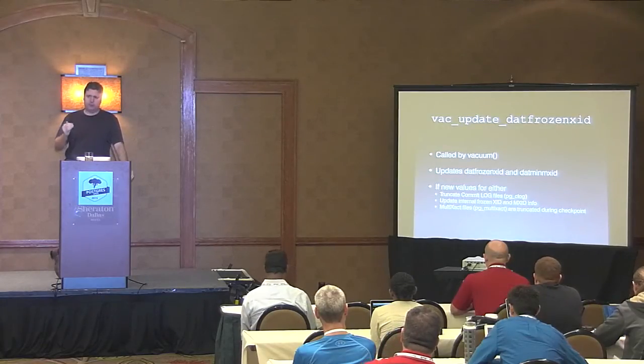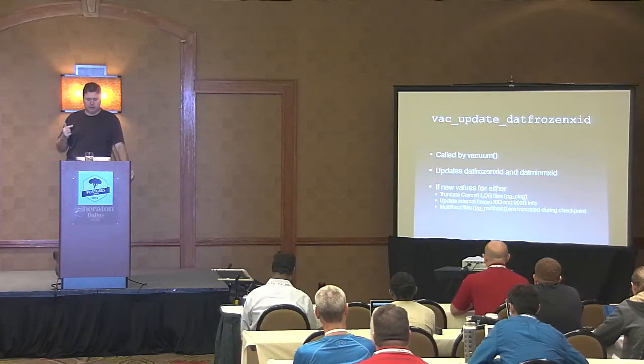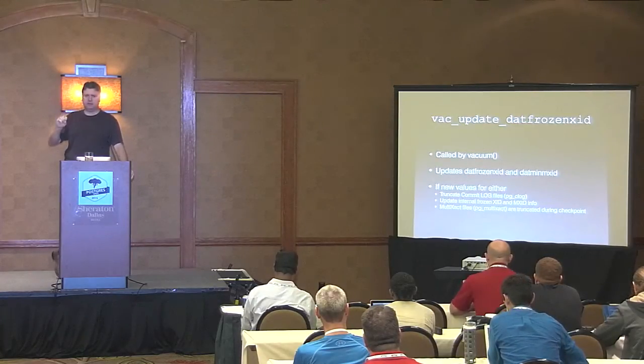And if it was able to update those, if any tables got frozen during the vacuum run, it truncates the commit log files. It updates the internal frozen XID and MXID information. There's copies of this that are stored on disk, and then there's copies that are stored internally in shared memory.